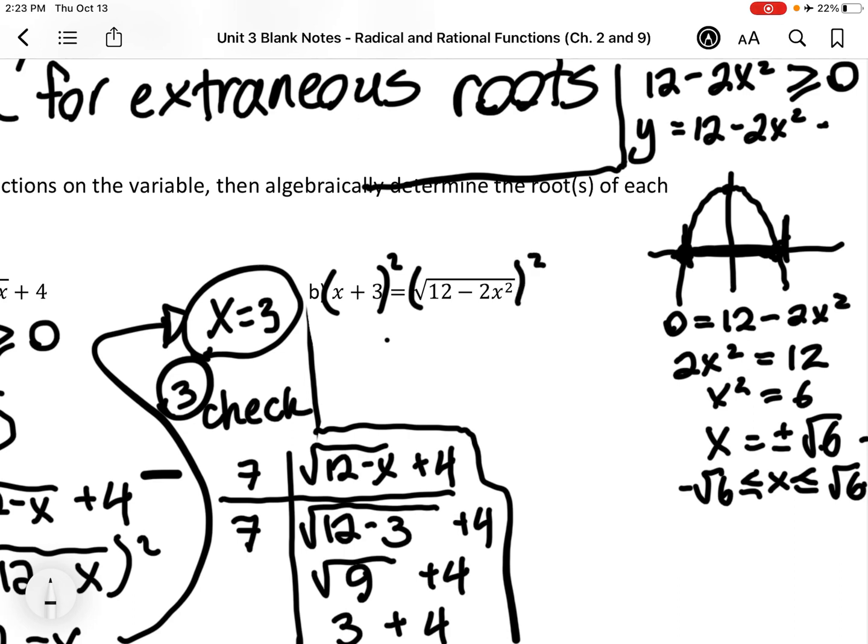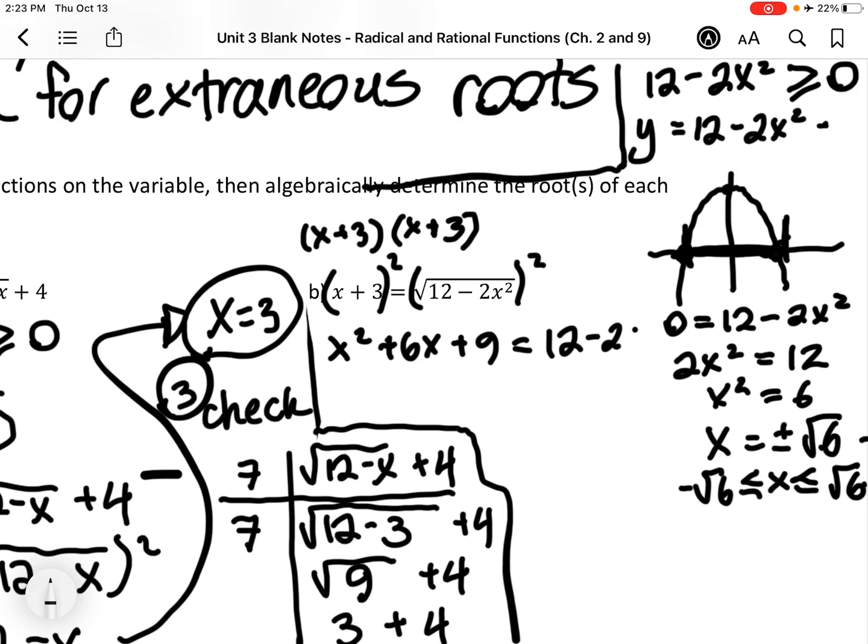Now x plus 3 squared is x plus 3 times x plus 3. So when you're working on the left side, keep that in mind because you have to expand that full binomial times binomial. You're going to get x squared plus 3x plus another 3x is plus 6x plus 9 equals 12 minus 2x squared. Hopefully you have enough room to do this.